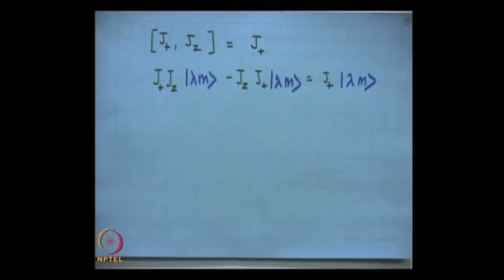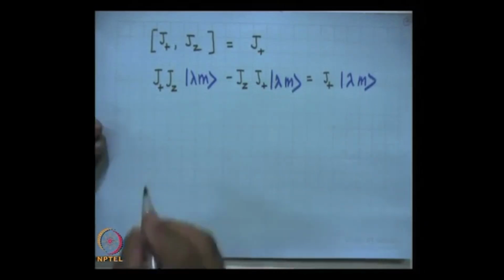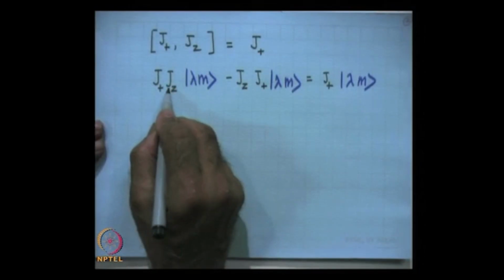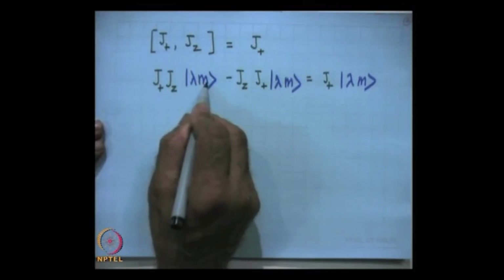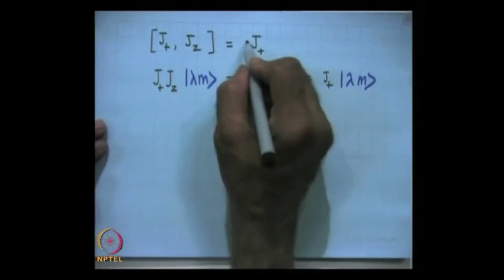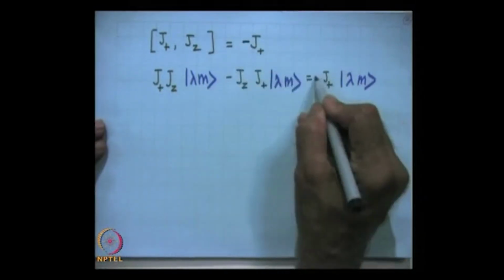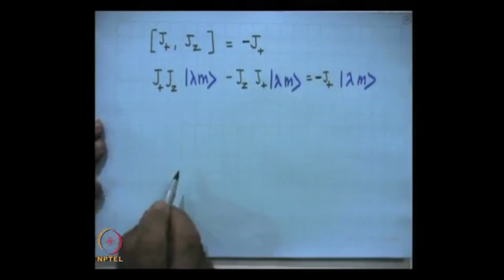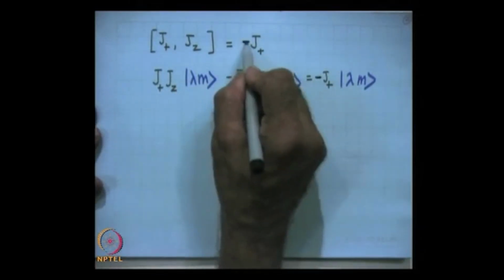Then you can see that J z operating. Did I do it correctly? J plus J z is equal to, oh, this was minus J plus. I am sorry, there is a minus sign here.